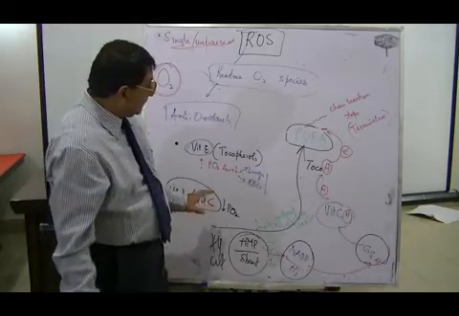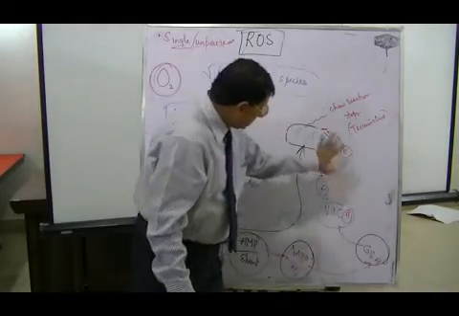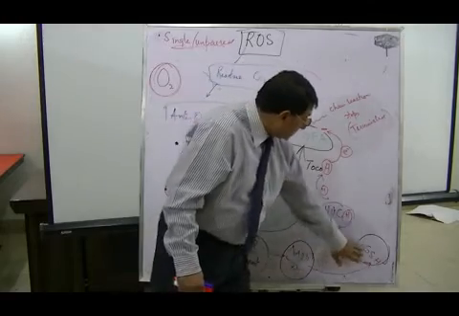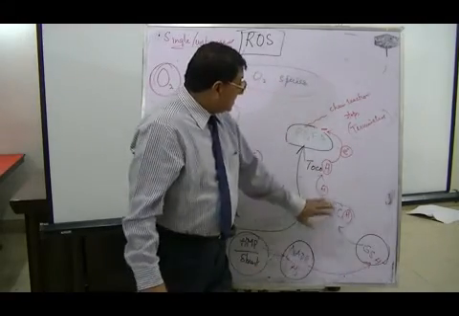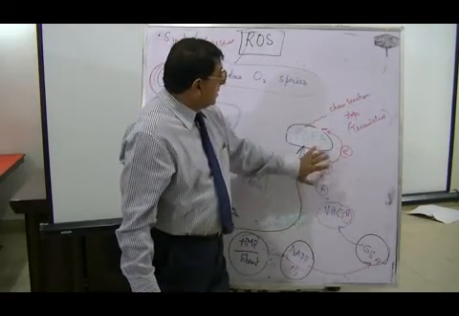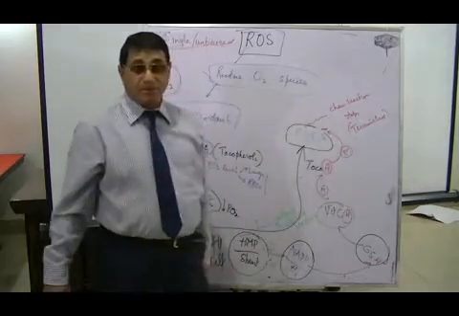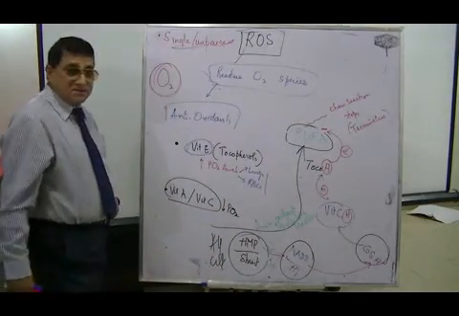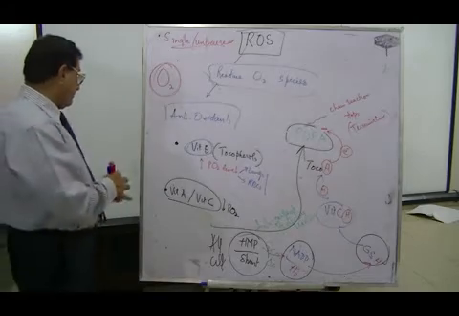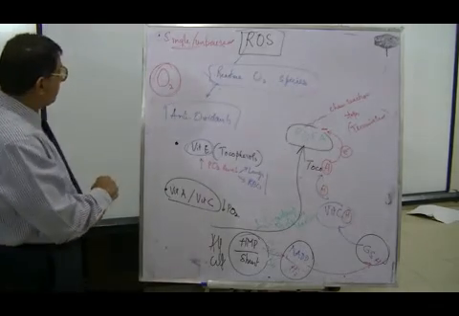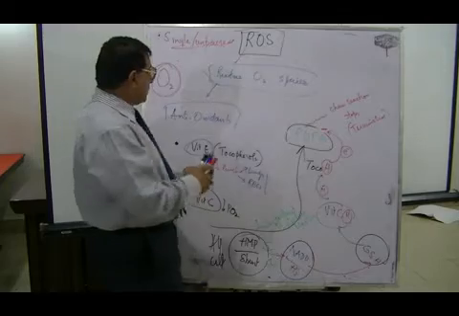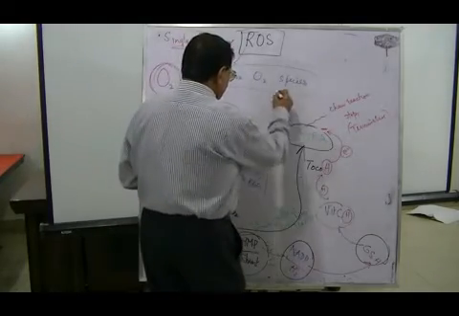So you've got a whole series of actions. The HMP shunt involves glutathione and vitamin C. Vitamin C replenishes tocopherol, and tocopherol action supports it. So this is how the antioxidant action takes place, because the reactive oxygen species are very dangerous. I've told you they act upon the PUFAs of the lipid.